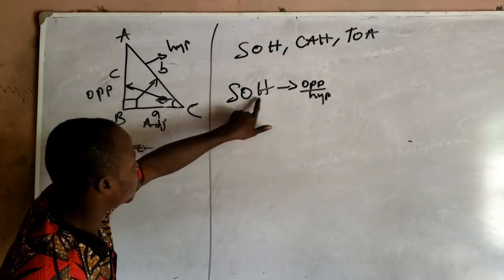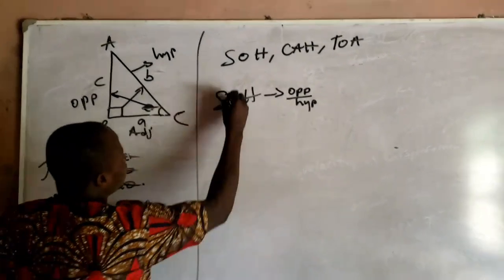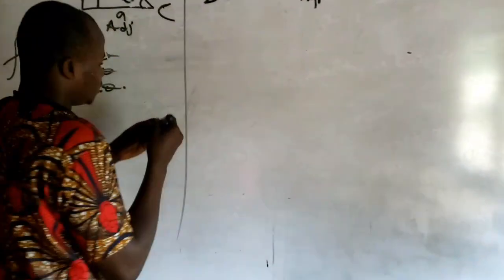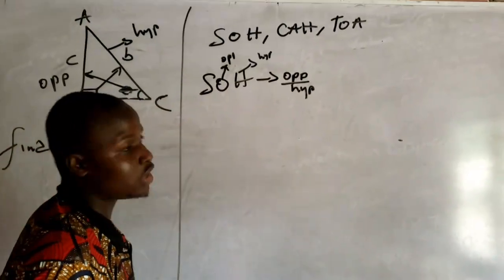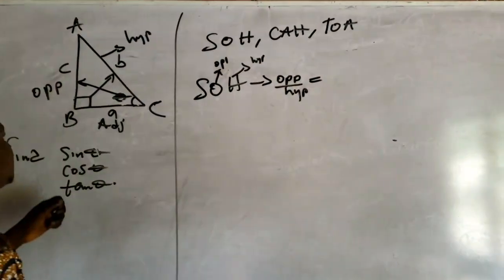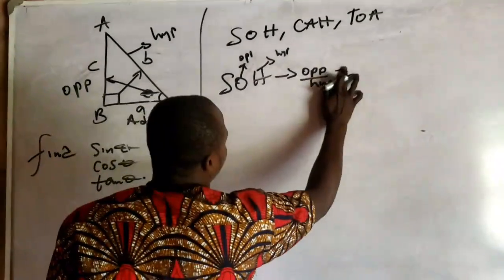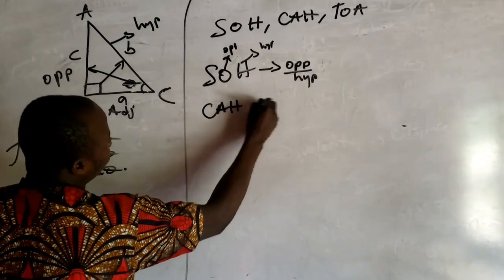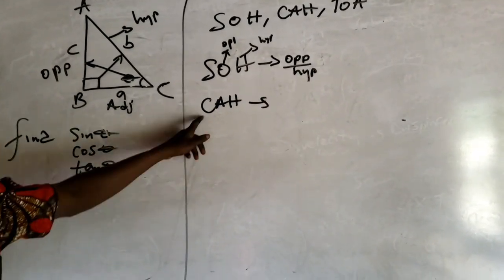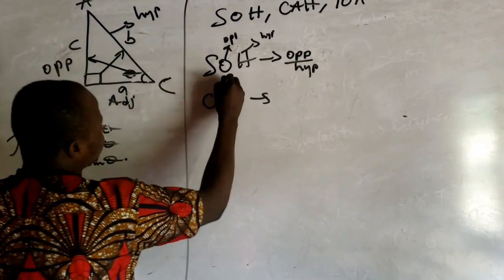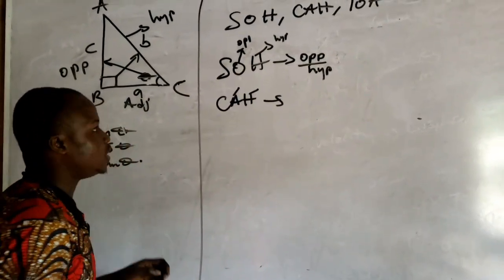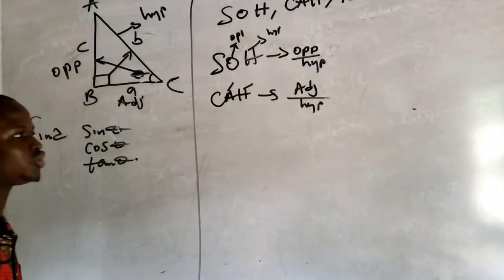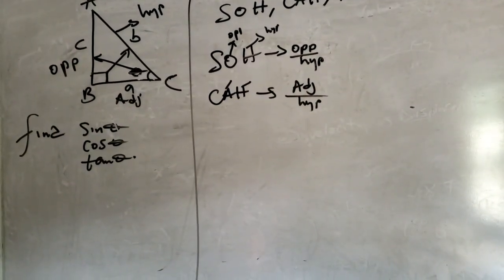When you talk about CAH, we talk about adjacent over hypotenuse.